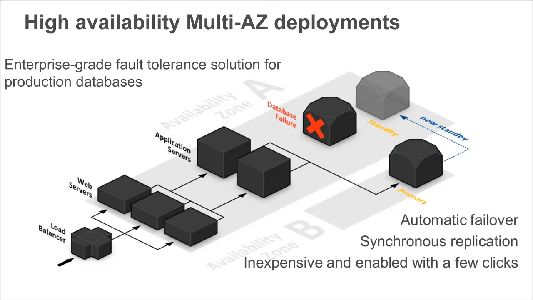Amazon RDS provides high availability multi-AZ deployments. So when you launch a database, you'll be selecting the region where you'll be launching your database. Within that region, you have multiple availability zones that you can easily choose to run your database in a high availability mode.